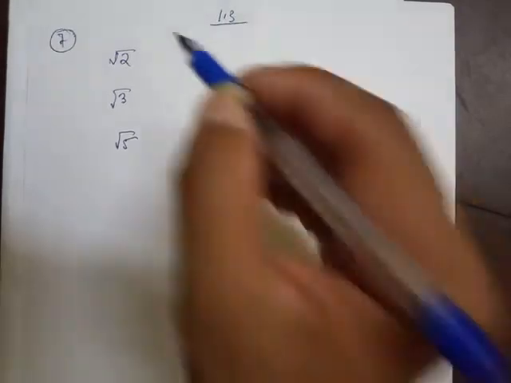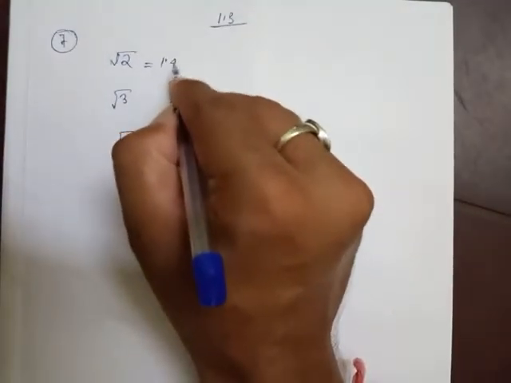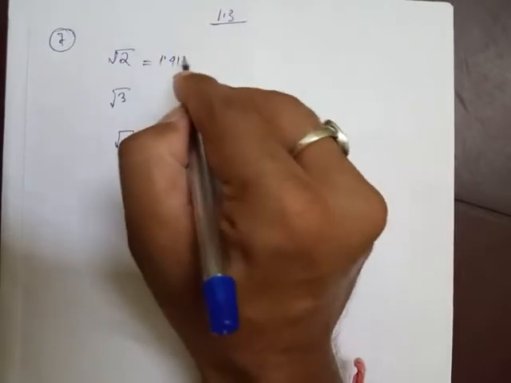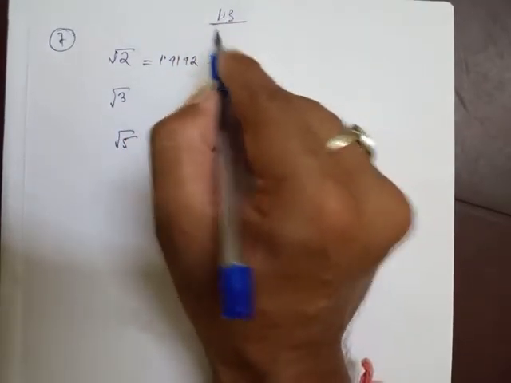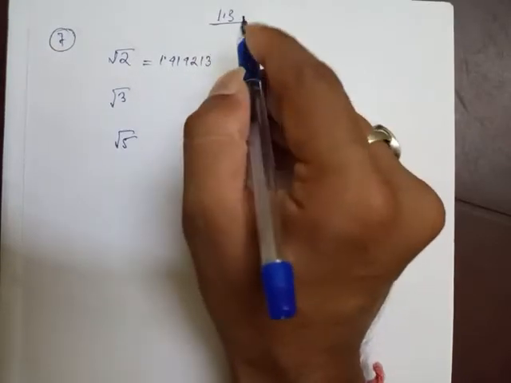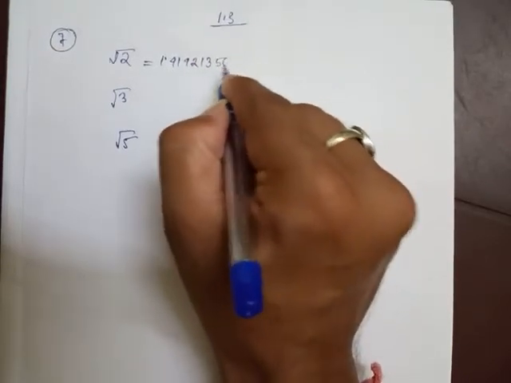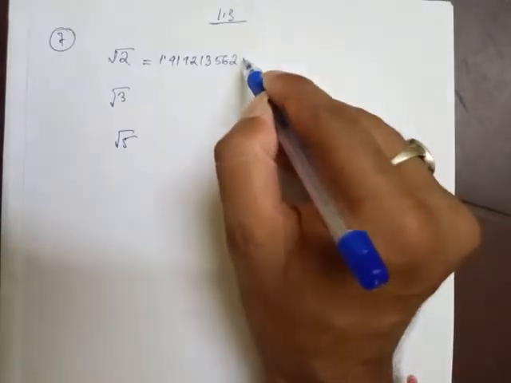Now the value of root 2 is actually 1.41421356. It will go on like this, that's why I am giving a dot.